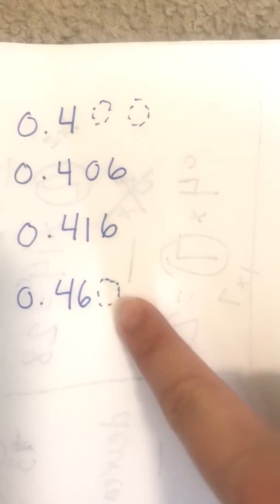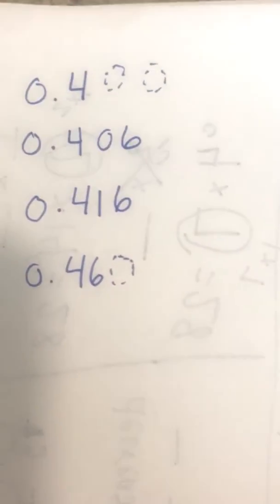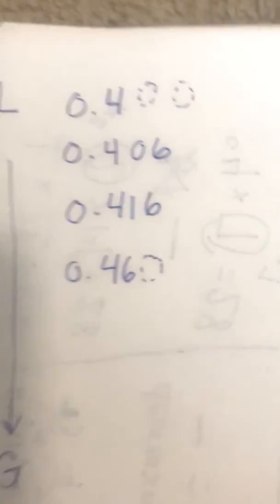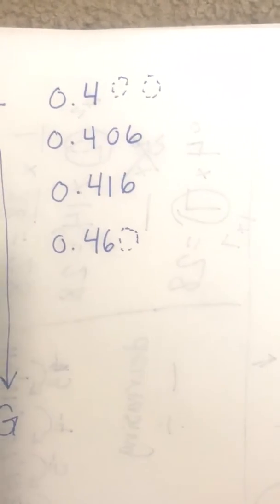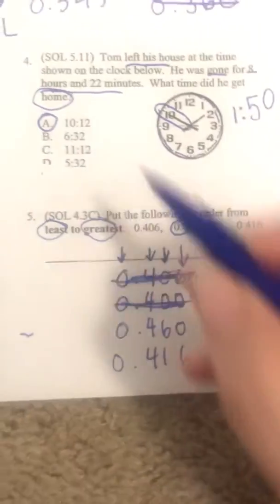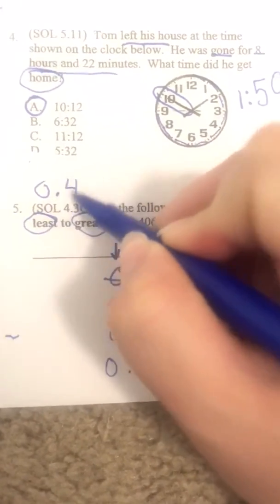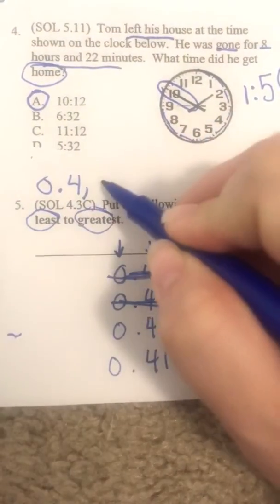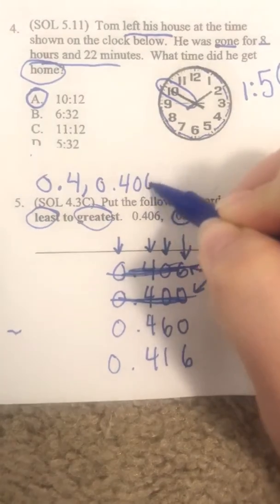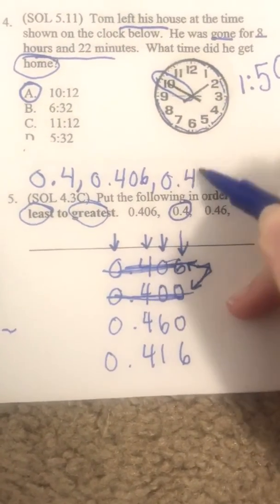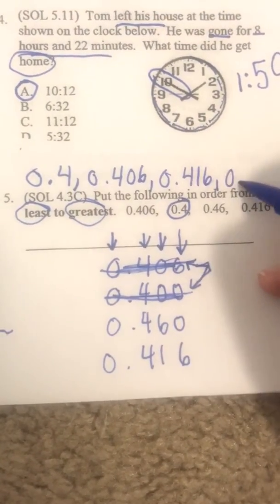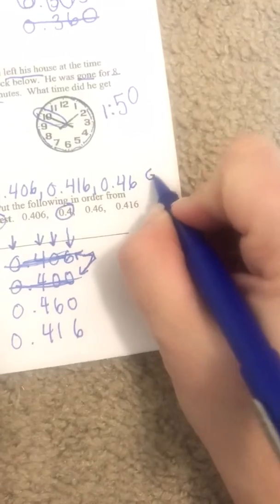And 416 is smaller than 460. So there is your ordering from least to greatest. If you want to do it right here on your sheet, you'll have it written like so. And there they are from least to greatest.